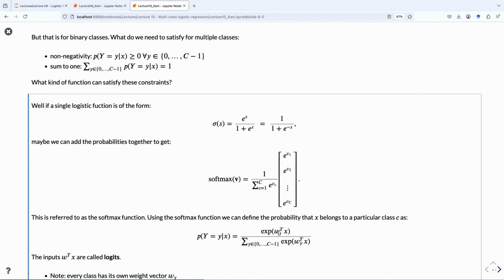The probability of label t given x is divided by the sum over the probabilities that x could be any possible label. Okay? So this is basically an extension of sigmoid. And the one thing that is important to realize here is that this value can never be larger than this value, right? So this thing together has to always be between 0 and 1.